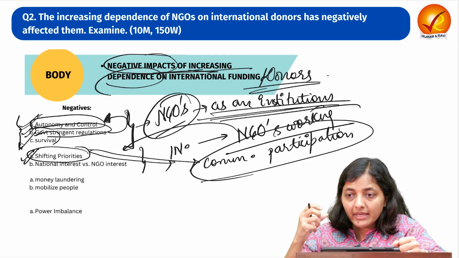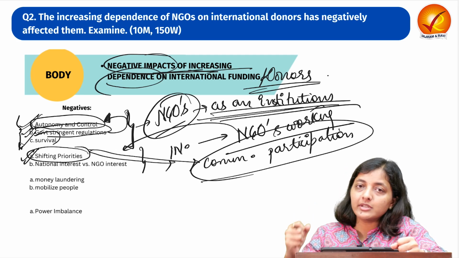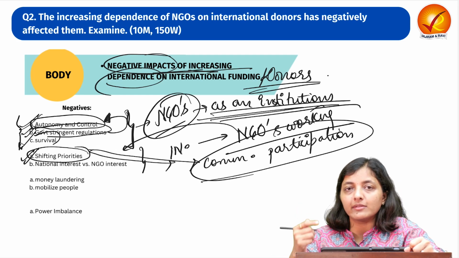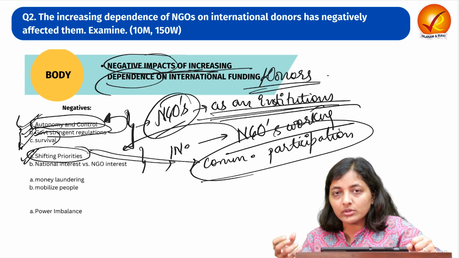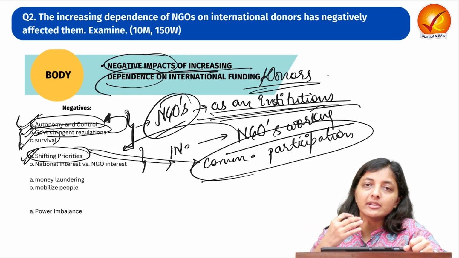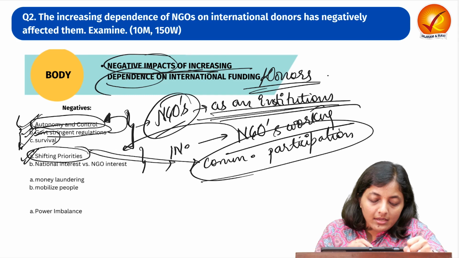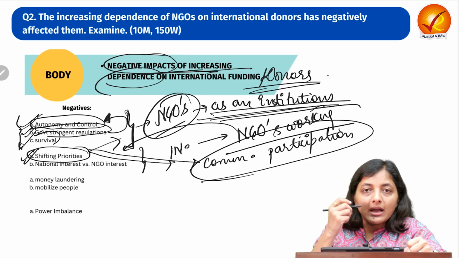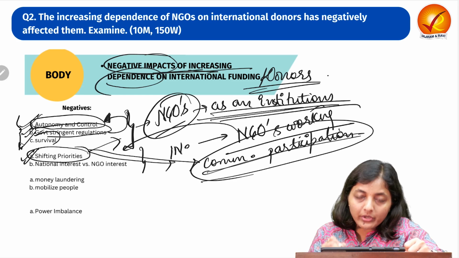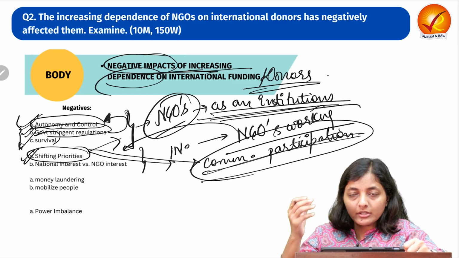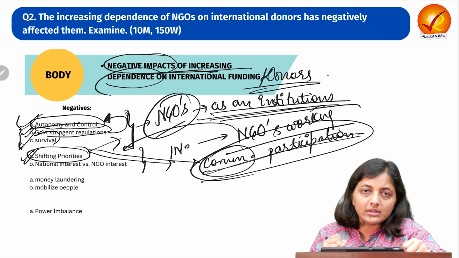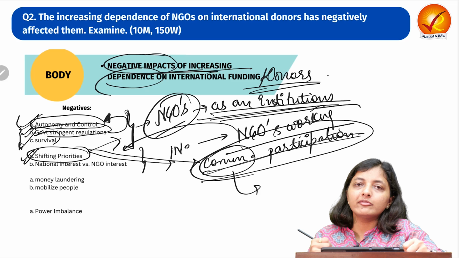And when any organization works for local challenges, the whole community participates in solving those challenges, because they know that this is our organization and this organization is working for my betterment. But then with international donations and the shifting of priorities of that NGO, the local community also loses interest, because now they know that this NGO is not working for us.